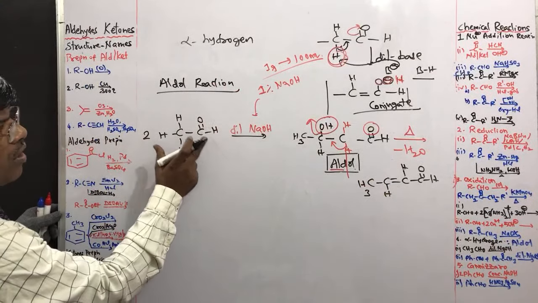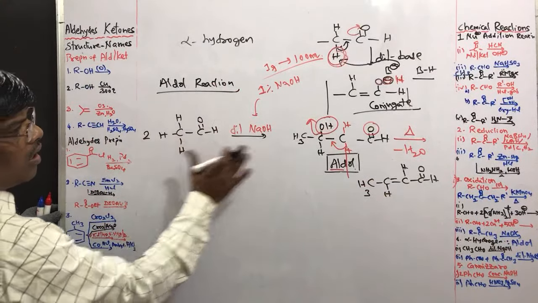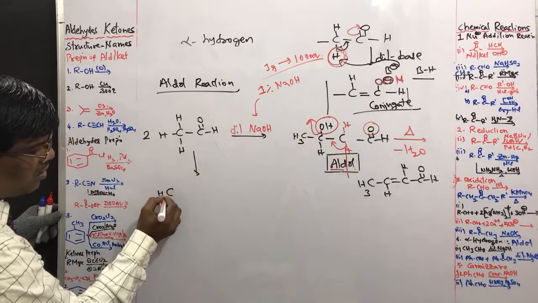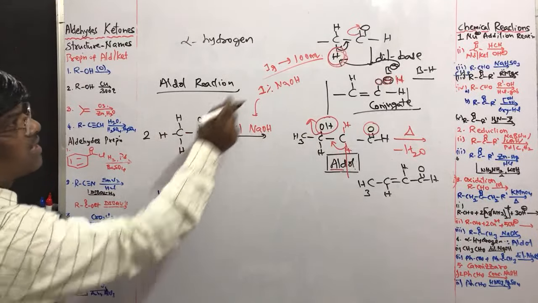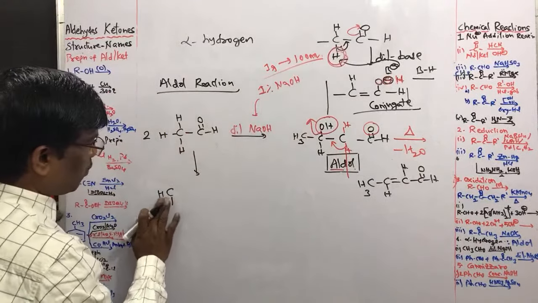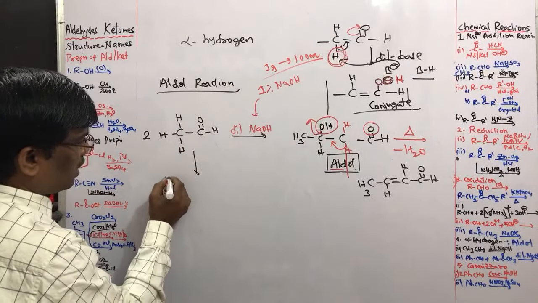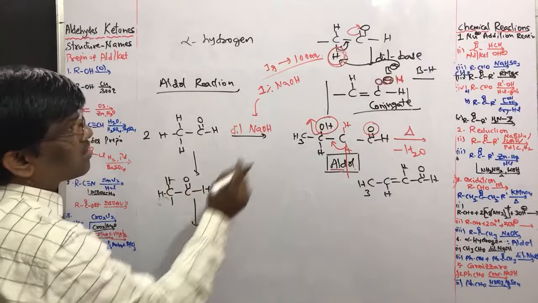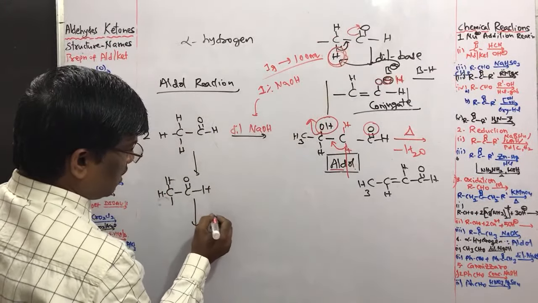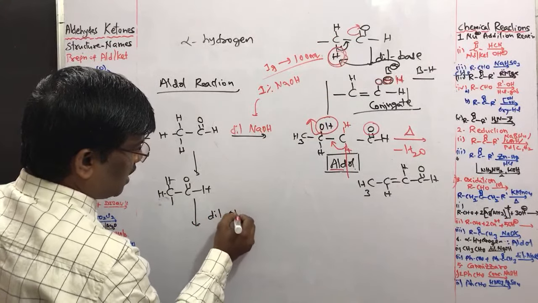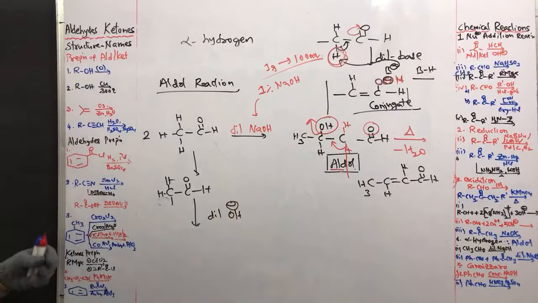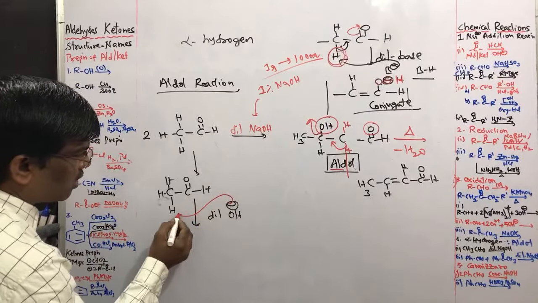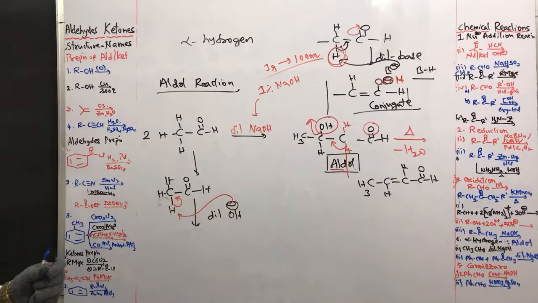So what is happening here? It is a simple aldol reaction where two molecules, what I am saying, it is an acidic proton. So let me take this example and explain. In presence of base, dilute NaOH, let me write OH minus here, and this OH takes up this proton to form carbanion.